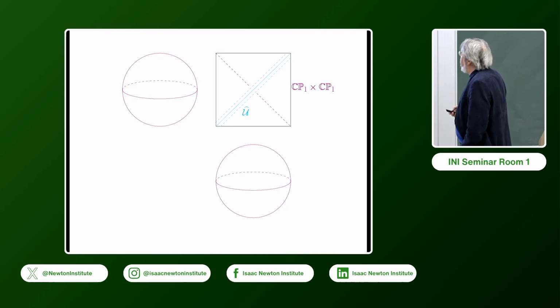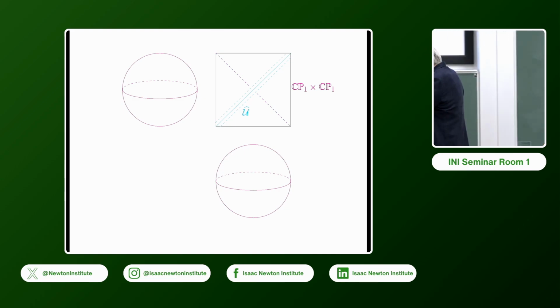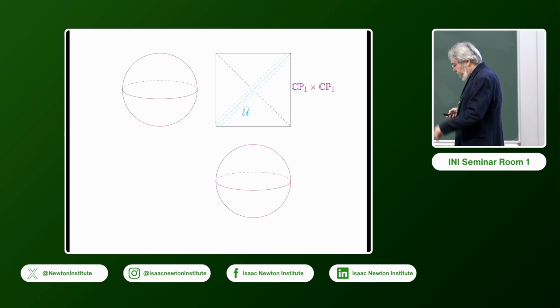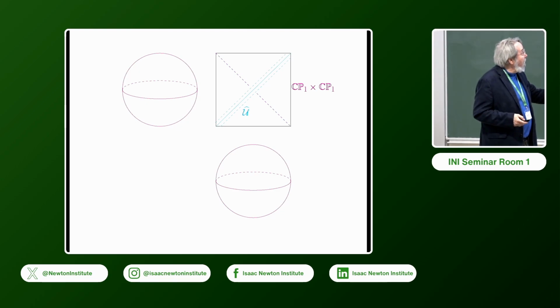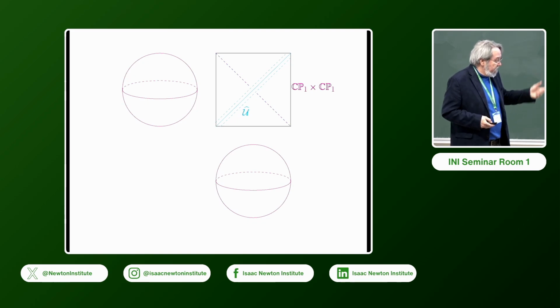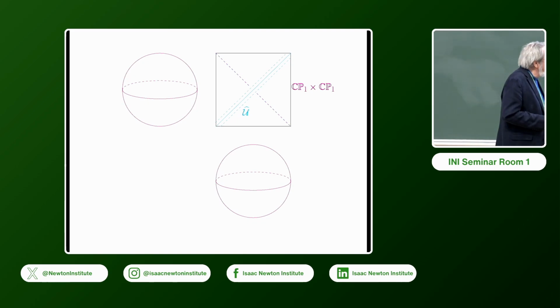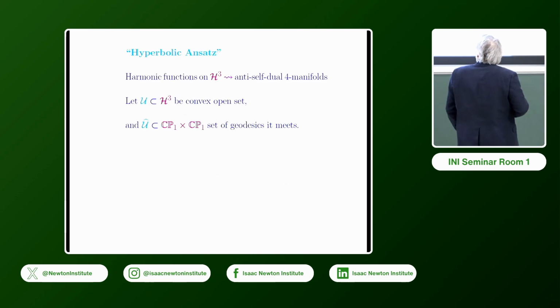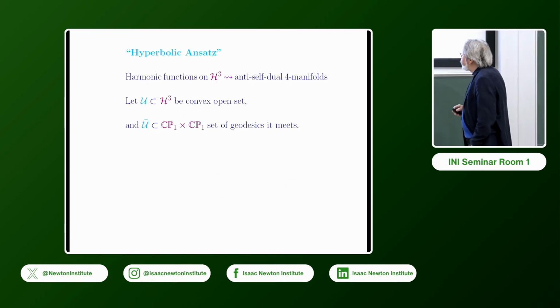All right, so there is a neighborhood of a reference mini-twistor line corresponding to some point in it, but there's a tubular neighborhood of that, which consists of geodesics that meet the given convex set.